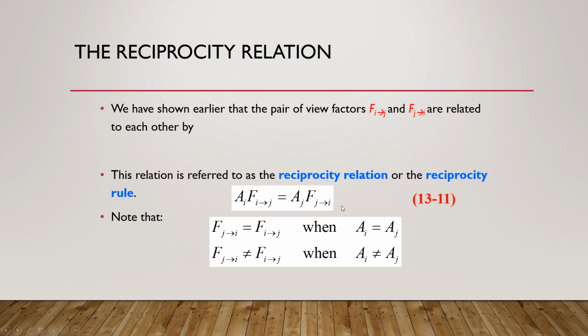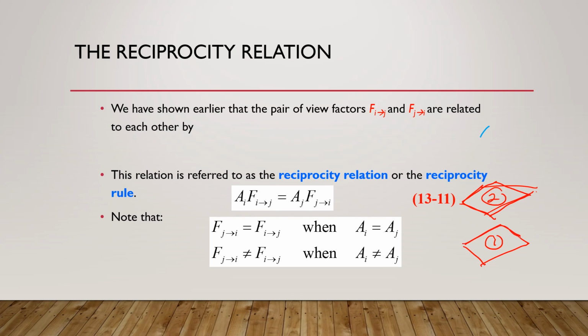For example, if you have two different surfaces, let's say here is your first surface 1, and then there is another surface 2. Assume that this is rectangular.